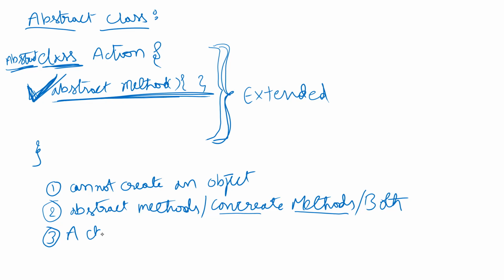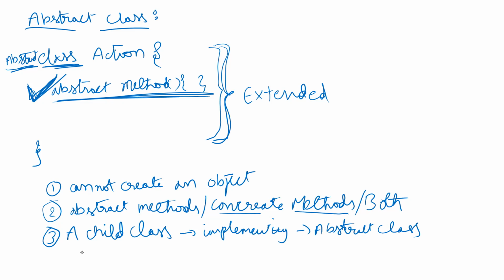Third point is the child class which is implementing an abstract class should implement all the abstract methods.